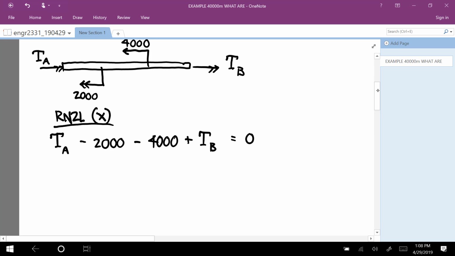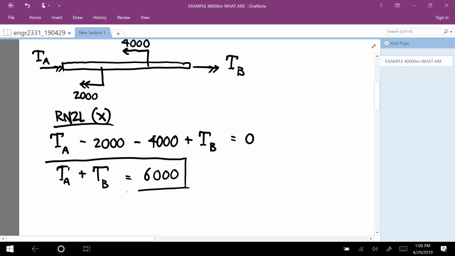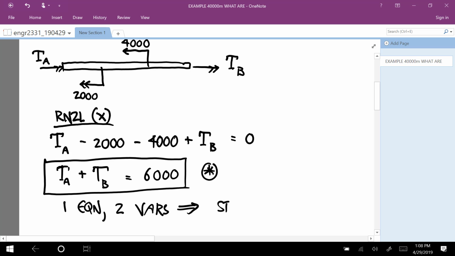And so our first statics equation says TA plus TB is equal to 6,000. That's one equation for two unknowns. So that means it's statically indeterminate and we need a constraint equation.